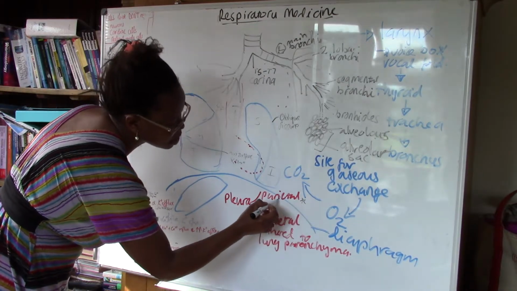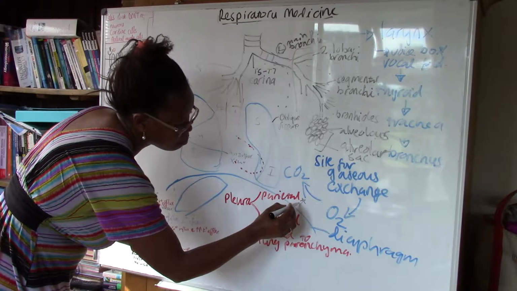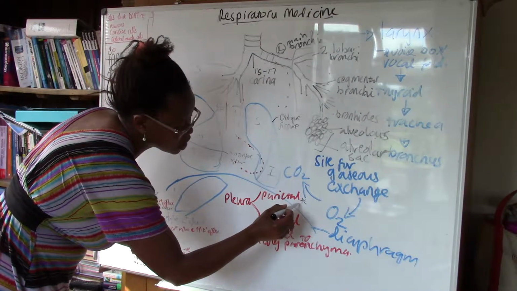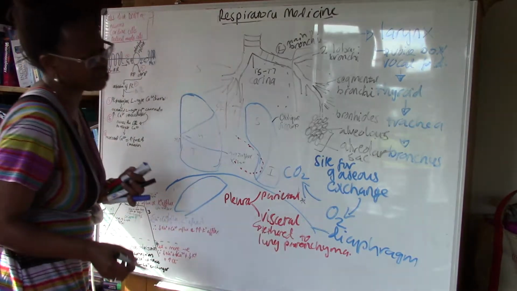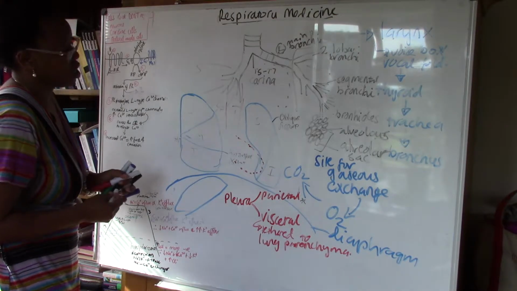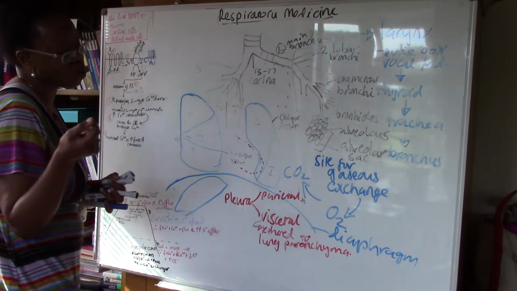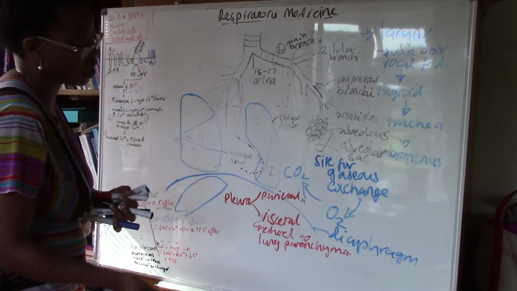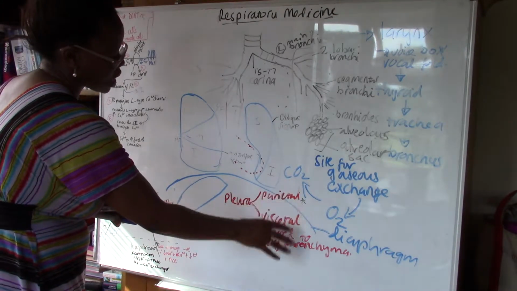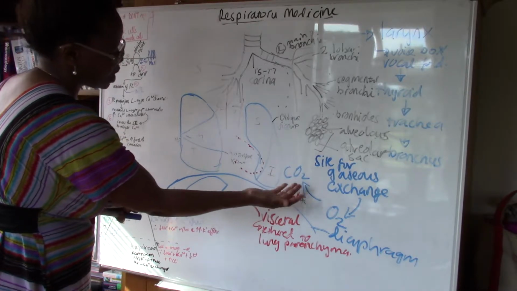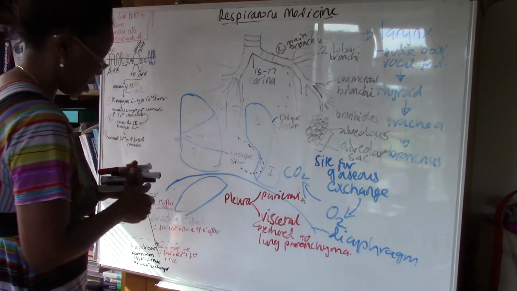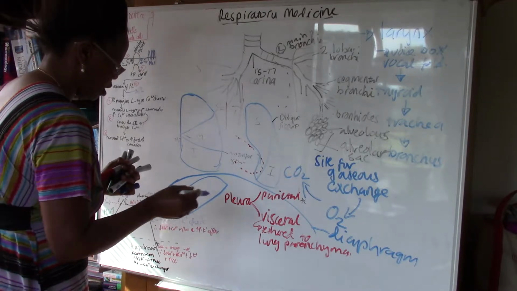It can sense pain. So this is important in terms of things like when someone has pleuritis, or in terms of an injury, that pain is mostly sensed by nerves which innervate the parietal pleura, and the visceral pleura doesn't have any nerves.